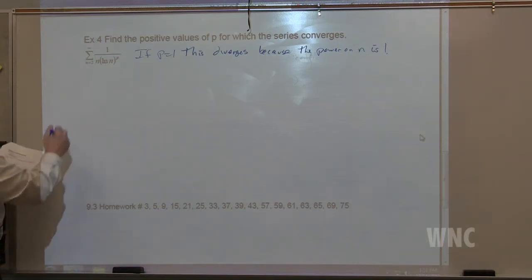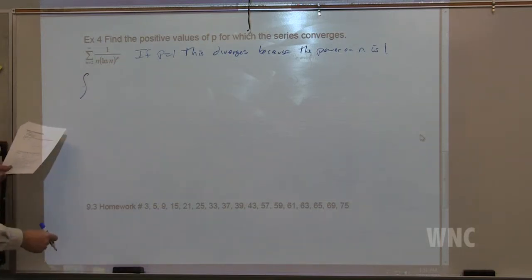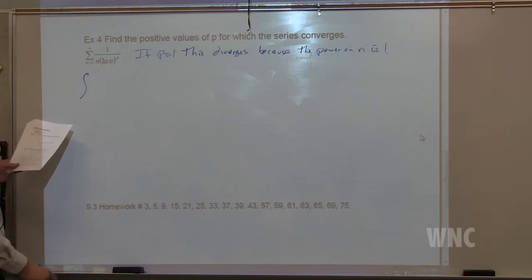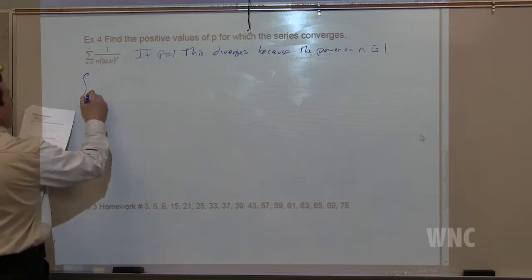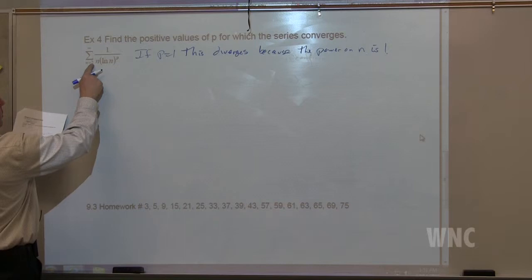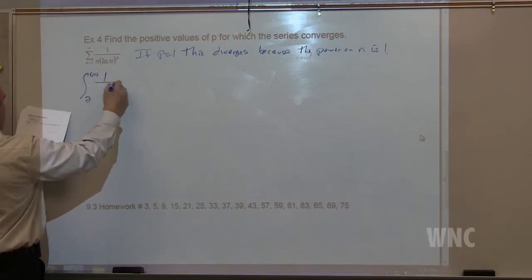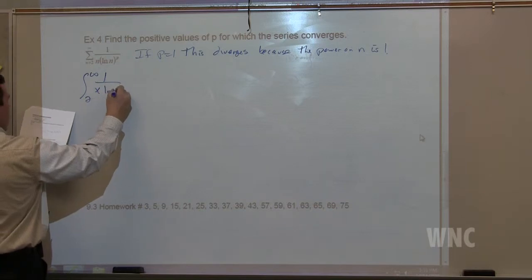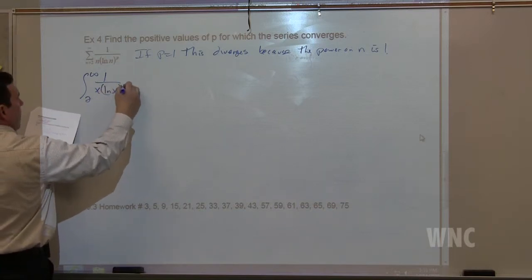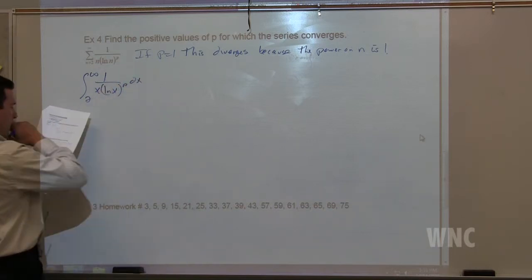So let's look at the integral test. If we have the integral from 2, notice it starts at 2, so from 2 to infinity of 1 over x natural log of x to the p power dx.